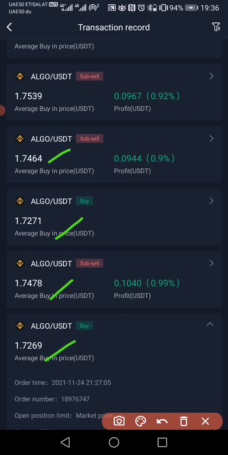It sold again, the price went higher. It sold again, the price went up. With this, you need to have this idea when you are using the Royal Q robot. You need to know how the robot does the trade, because with this information, you will be able to know the kind of strategy to adopt.